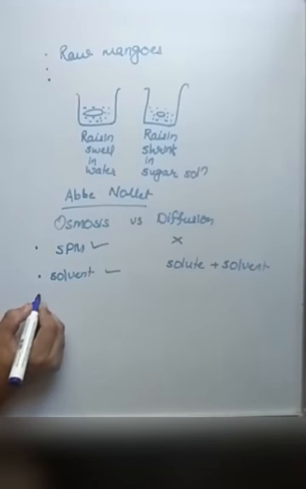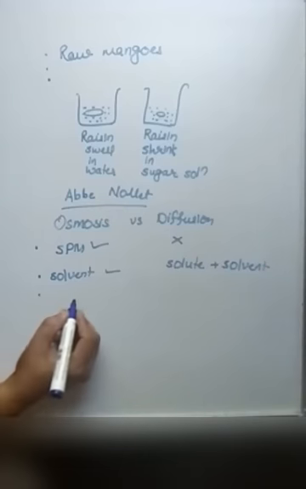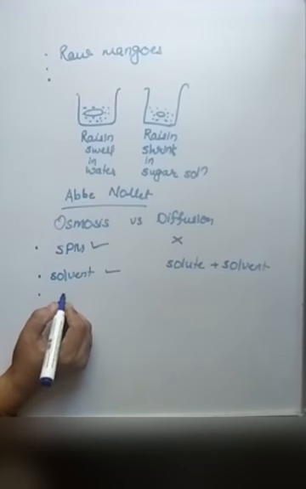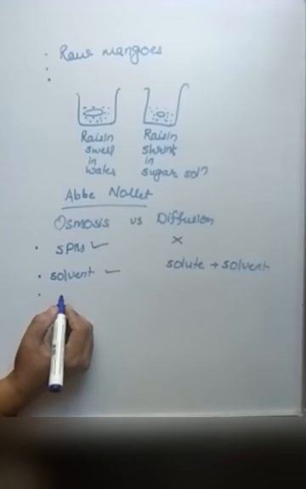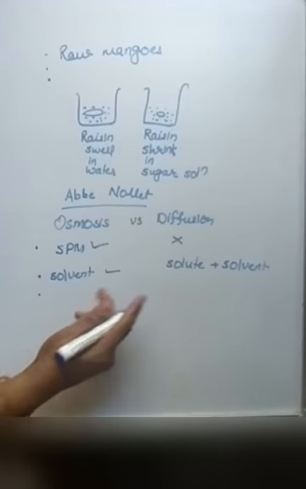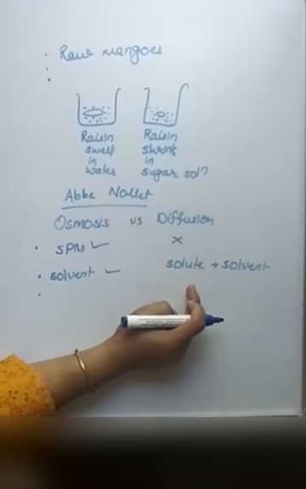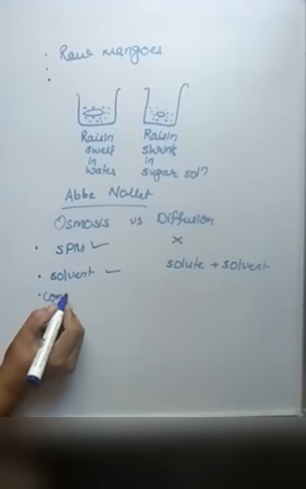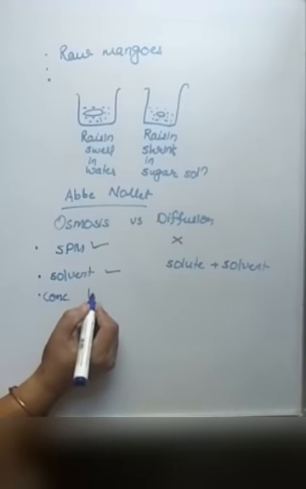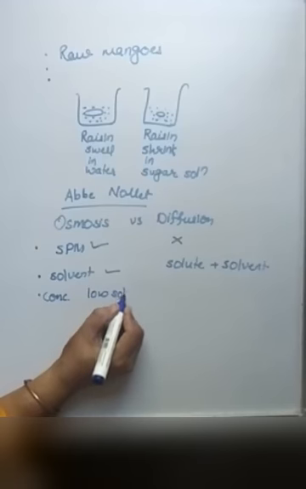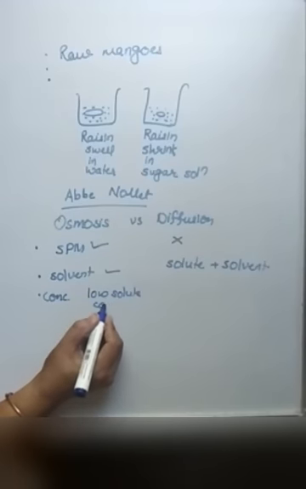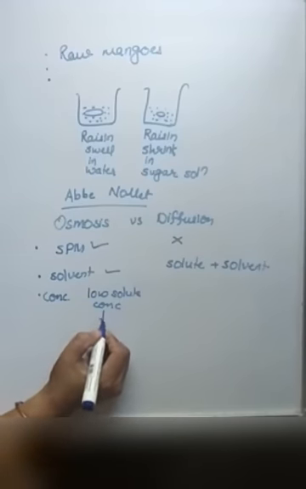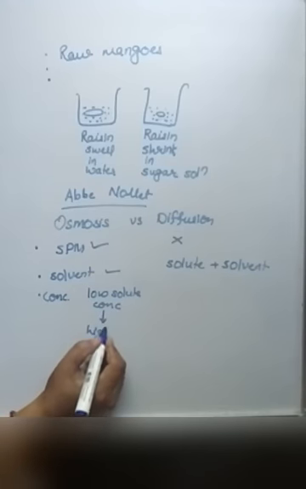The third thing is that in osmosis solvent particles move from low concentration of solute to high concentration of solute. But in diffusion we will find molecules move from higher concentration to lower concentration. So the third case is concentration. Here, low solute concentration to high solute concentration in osmosis.